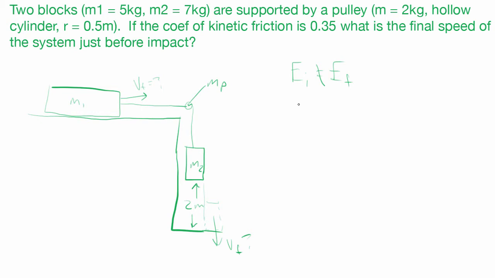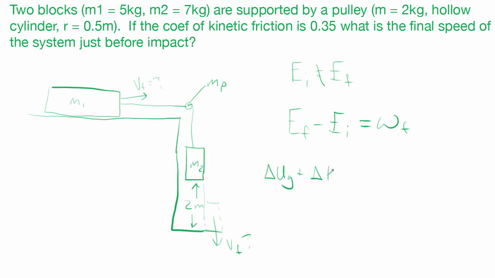There are external forces. There's friction, because I say the coefficient of kinetic friction is 0.35, what is the final speed? So what we're really dealing with here is a difference in the mechanical energy terms, and that's going to be equal to the work due to friction. All right, so we're throwing in the extra wrinkle of having some friction in there. What I'm really looking at here is some change in potential energy.